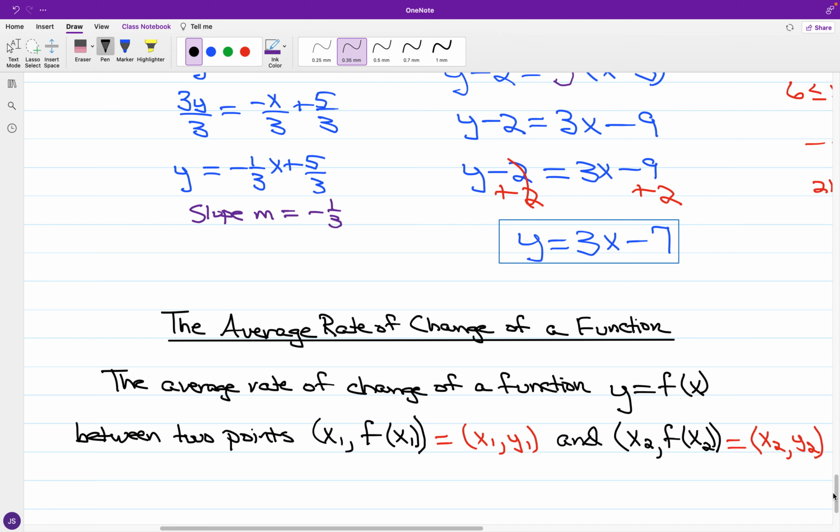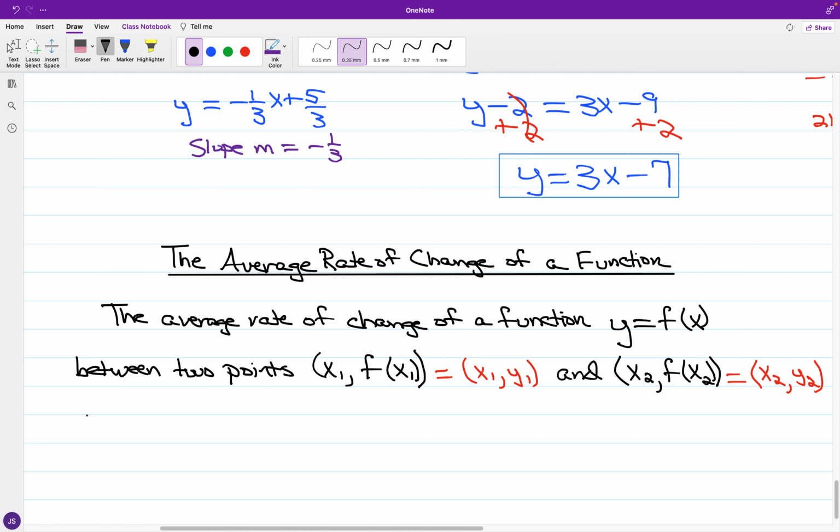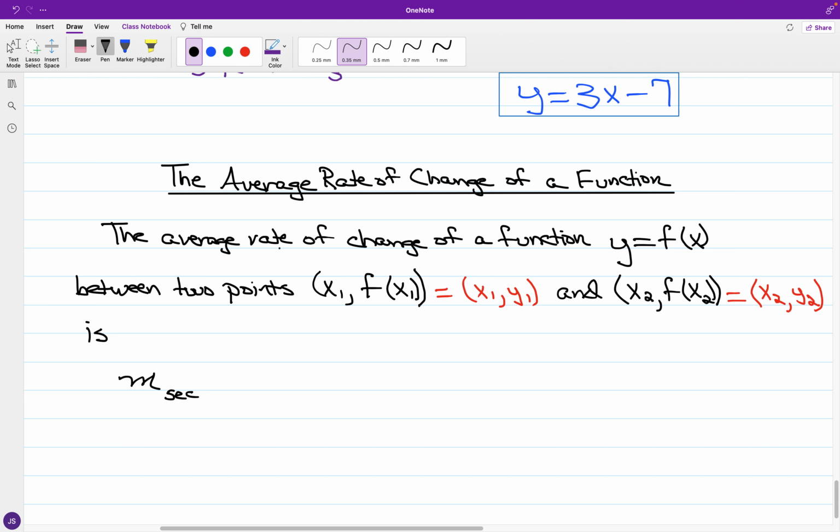And the average rate of change of function between these points, okay, and you have this slope variable m, and now I have sec subscripted, okay, and the sec, this is in reference to the slope of the secant line. Like a secant line is just going to be connecting 2 points of interest, okay, that happen to be on the graph of the function, okay.